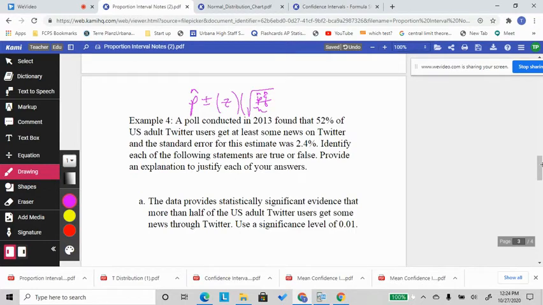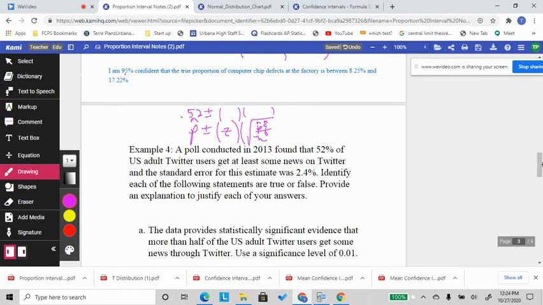So we know that this is 0.52 plus or minus. And then z, we'll figure out in a minute, but that whole thing here is your standard error. That part is your standard error. So they're telling you that that part is 2.4%. Okay, this is the standard error. The whole adding and subtracting is the margin of error.